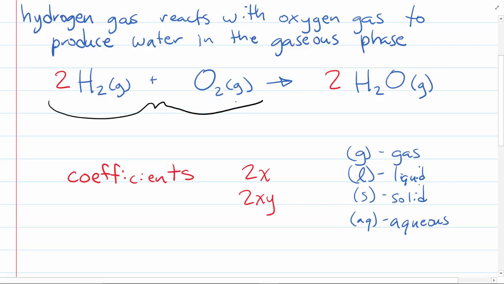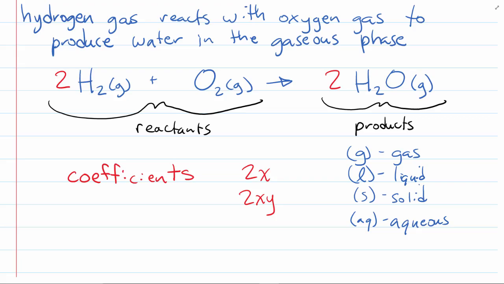Okay, some other terminology. Those on the left-hand side of the arrow are called reactants. Those on the right-hand side of the arrow are referred to as products. So reactants are what exists before a chemical reaction takes place. The products are what exist after a reaction takes place.